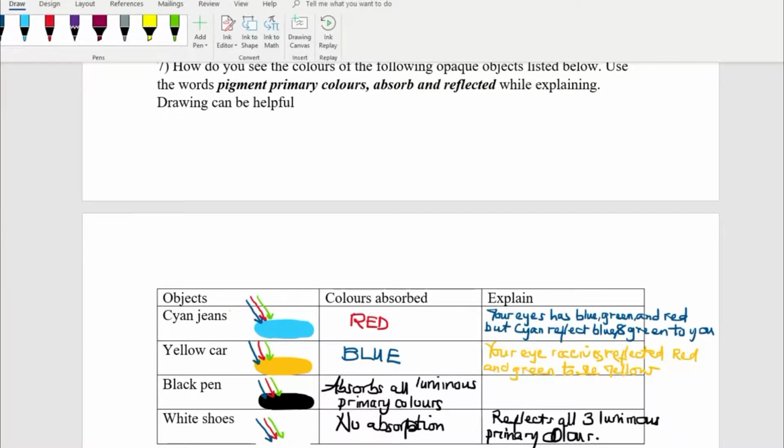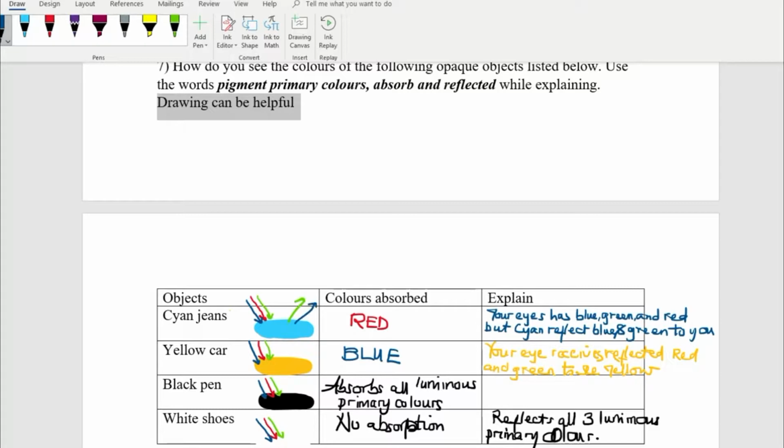So in here we have cyan. Cyan, we know, is when we have light coming from a specific source and the light contains the green, the blue and the red. What we notice is that once it touches a cyan object, in order for us to see it as cyan, it absorbs red and reflects green and blue.